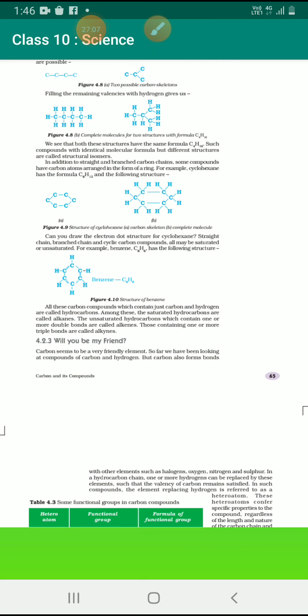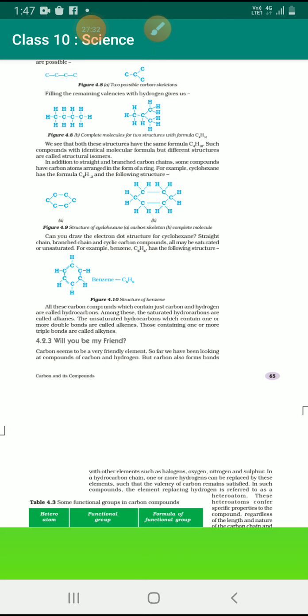Earlier, I told you about the organic compounds. Organic compounds are the compounds which consist of a carbon atom, carbon in it. Okay, the compounds which deal with carbon are called organic compounds, right? But remember that the compounds which consist of only carbon and hydrogen are called hydrocarbons.